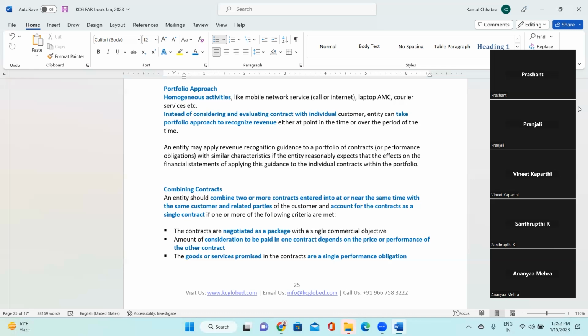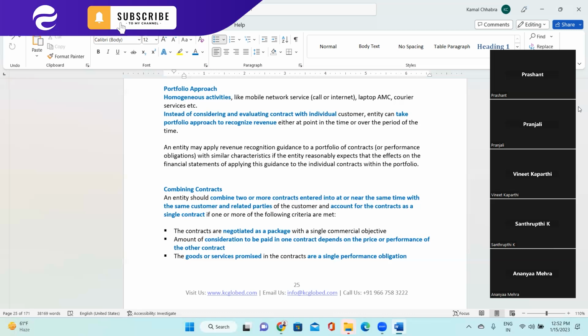For example, you are a company who provides AMC of refrigerator, air condition, or maybe the laptop or the washing machine. So you are an AMC provider for washing machine, refrigerator, and laptop. For you, there are three categories of contract: washing machine AMC, refrigerator AMC, and air condition AMC.